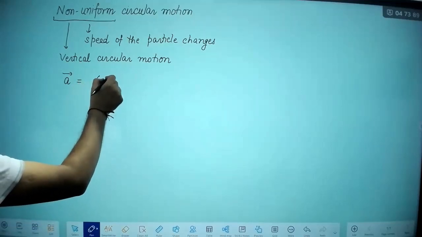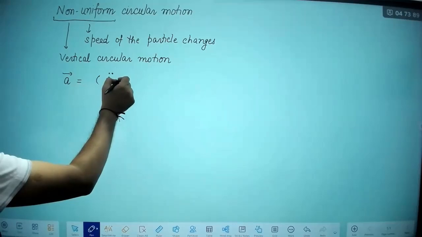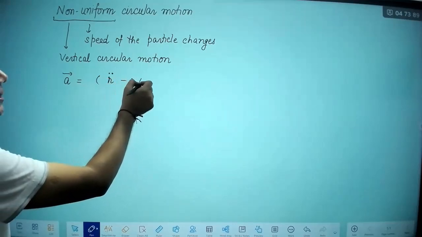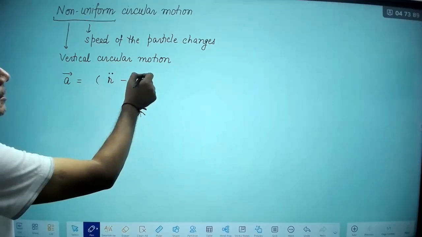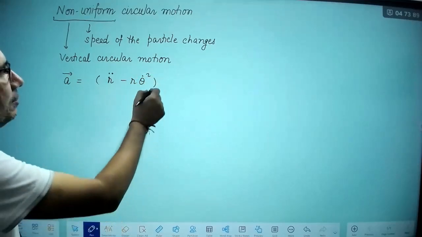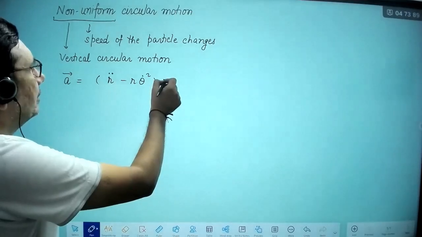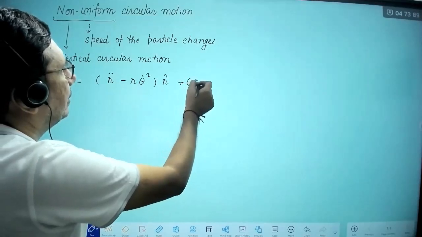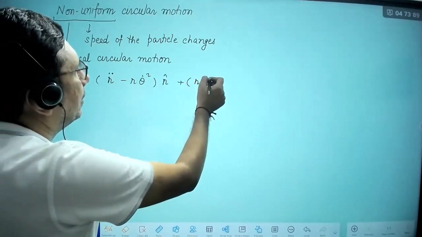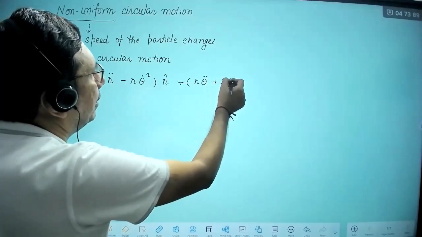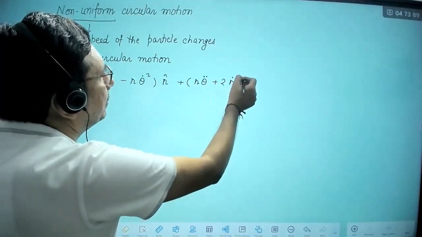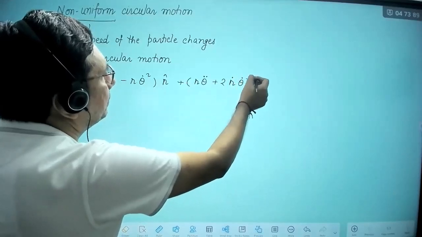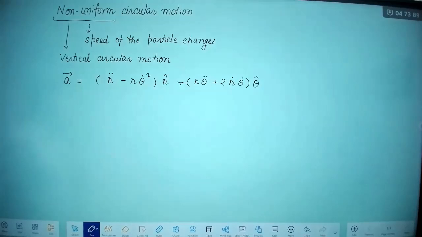That will be (r double dot minus r theta dot square) r cap plus (r theta double dot plus 2 r dot theta dot) theta cap. So basically this is the expression of the acceleration in polar coordinates. Is it okay, beta?